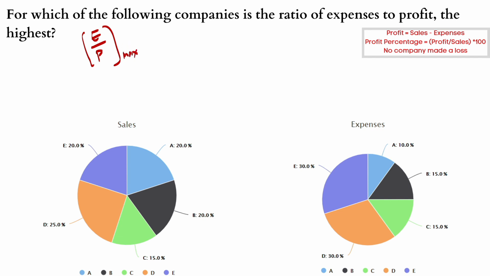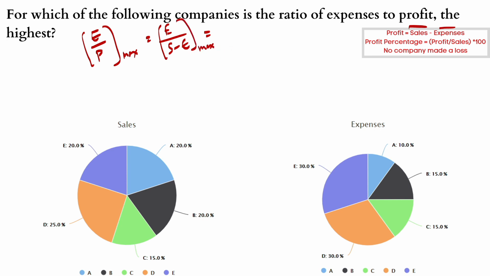So we must maximize the value of E by P. E by P can be written as E by (sales minus expenses), so E by (S minus E). If we take E common here, we have 1 by (S by E minus 1). So we must maximize this value.